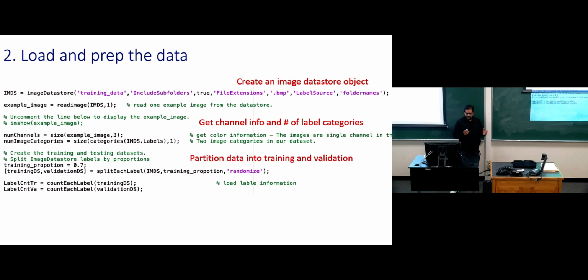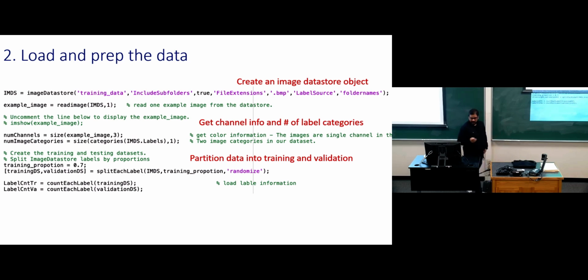Then, just like other deep learning frameworks, there's a function where you can call your data store and partition it into 2 different data sets. Here I'm calling the other one validation. It's up to me whether I call it training or testing, or whatever label.